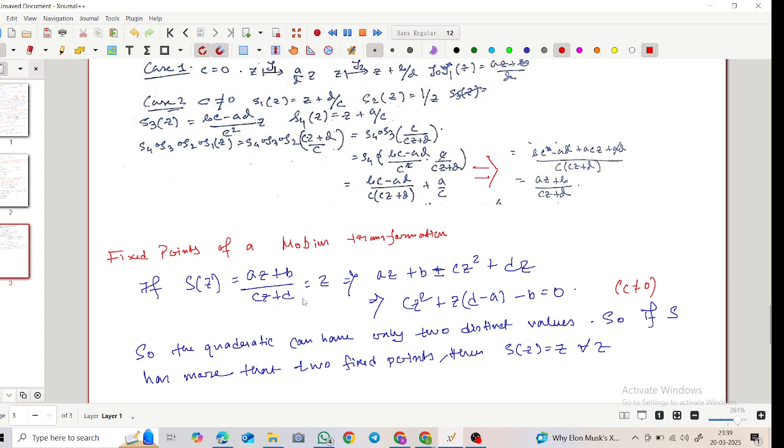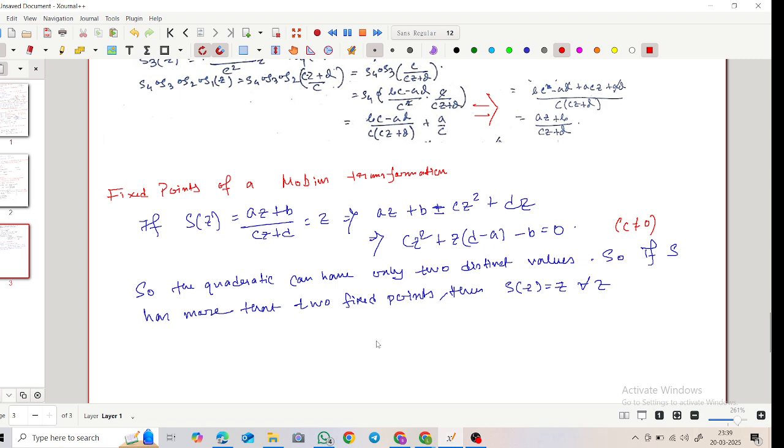Equating stuff, you understand that it is just the identity function and nothing else. If it has more than two fixed points, then the equation is identically 0. That is cz square plus z into d minus a minus b.